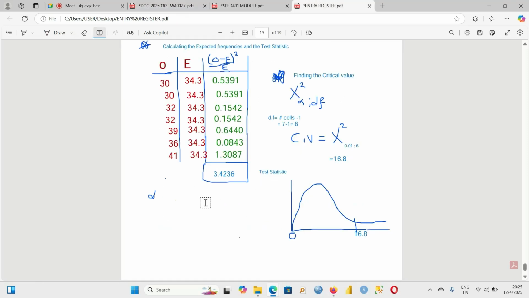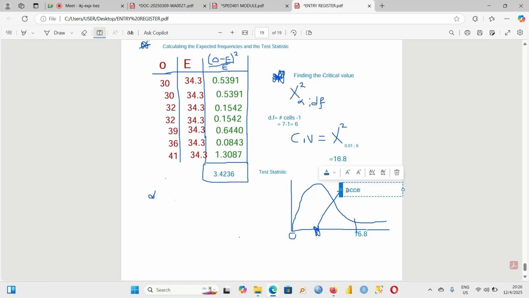Before we make the conclusion, let's see which region this value is in. We just indicate by star. This is the test statistic. So this test statistic is in the acceptance region, so we indicate accept H0. That is the conclusion.